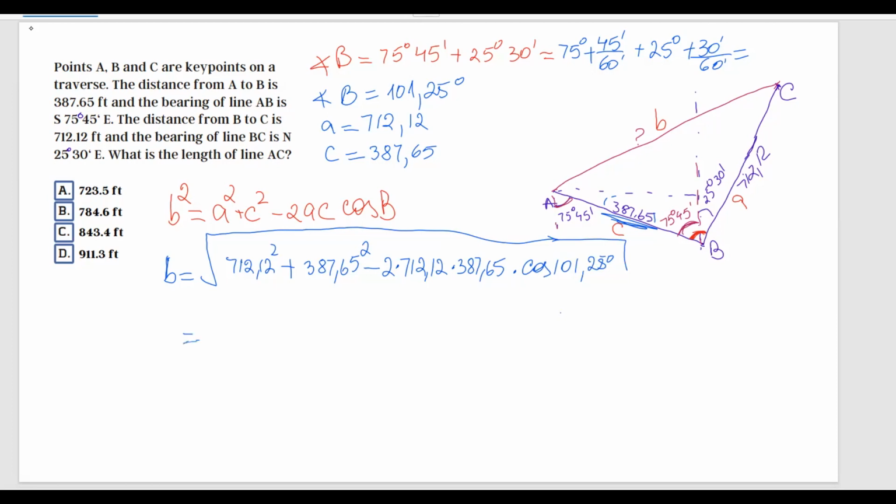Okay, let's take the calculator. This is a matter of calculating this now.